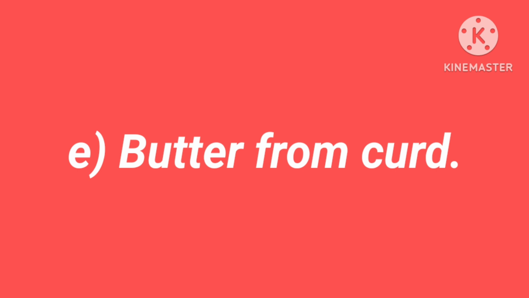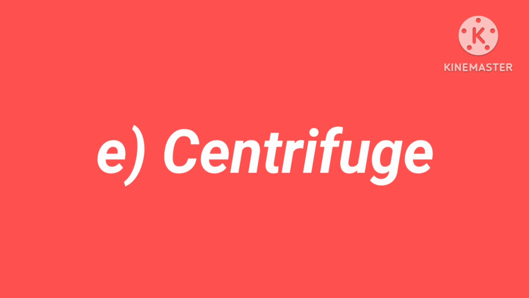Next question is butter from curd. Of course, everyone knows about butter as well as curd. Curd is a liquid, butter is a solid. How will you separate them? By the method of centrifuge.